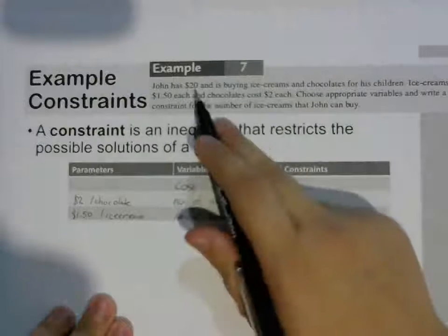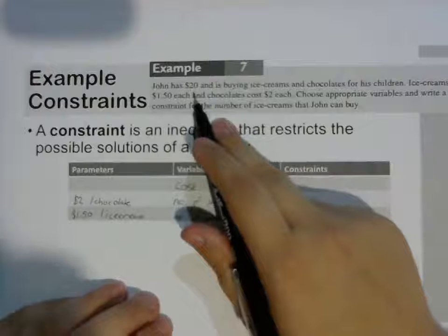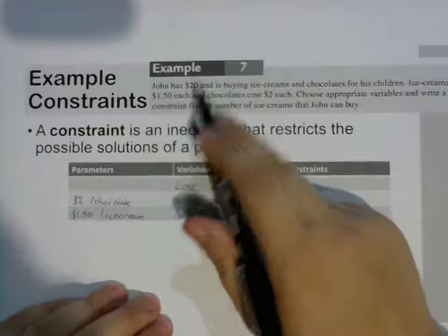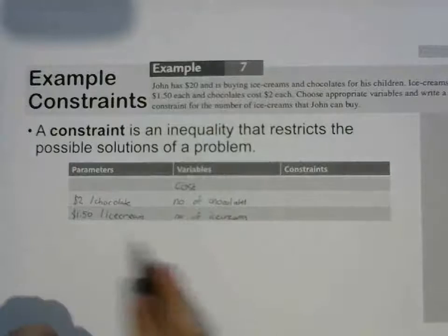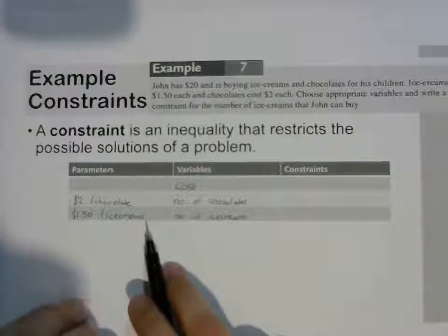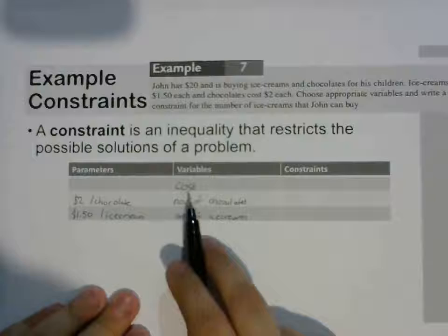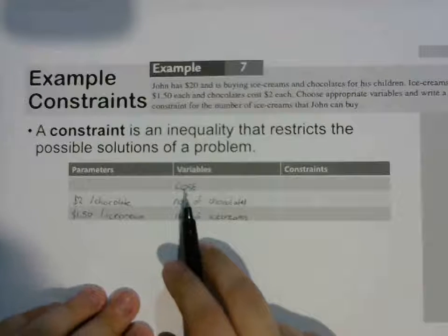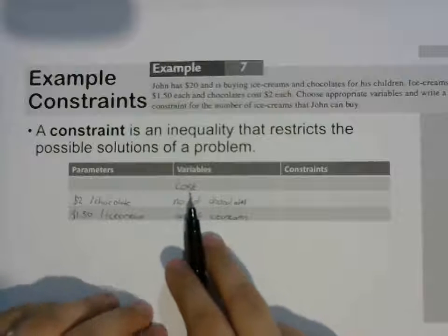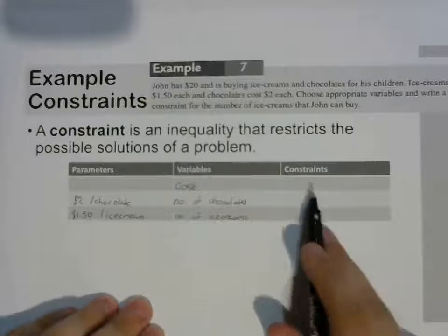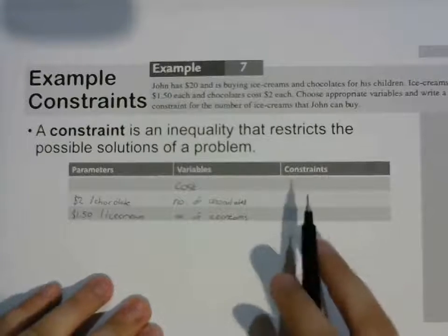Now you'll notice we haven't touched this $20 yet. That's because this $20 isn't actually a parameter. It doesn't tell us anything about how to calculate the cost. It doesn't even tell us what the cost is. It tells us the maximum the cost can be. So it is going to constrain the possible solutions of our problem.